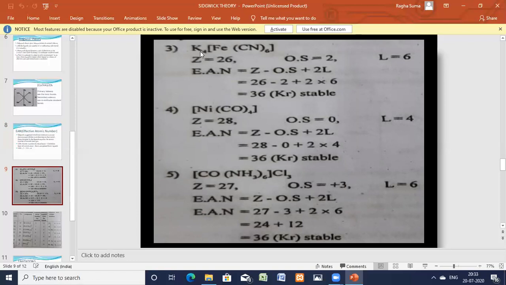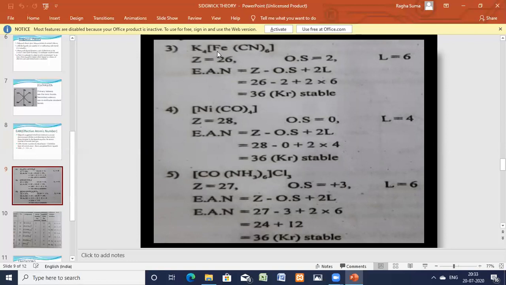Potassium is +1, so 4 into +1 is +4, plus X, plus 6 into cyanide, which is -1, so -6. So +4 plus X minus 6 is equal to 0, because the complex is neutral. So X minus 2 is equal to 0, and X is equal to +2.